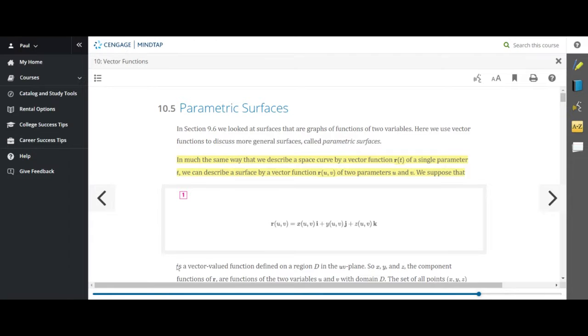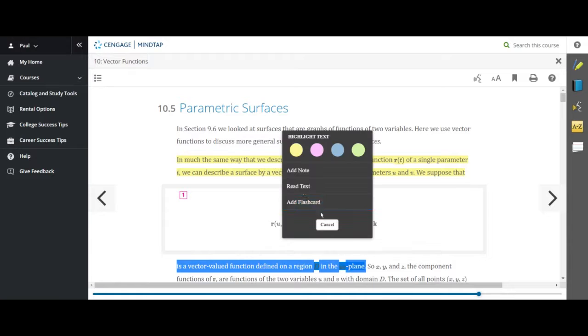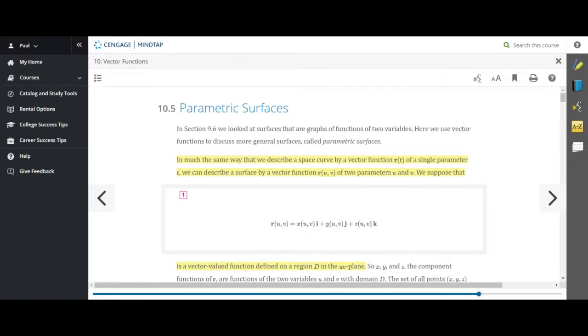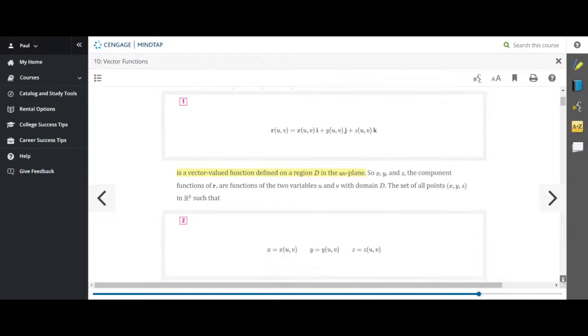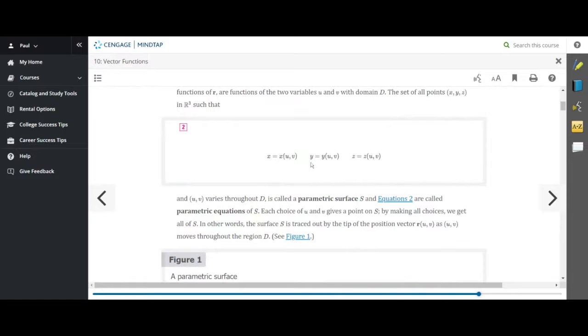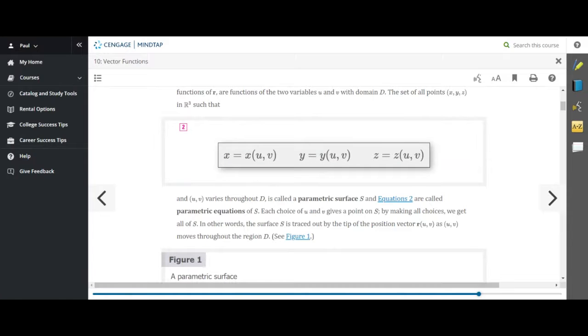In other words, this is a vector valued function defined on a region D in the uv plane. So the x, y, and z component functions are functions of two variables. These are your parametric equations for your surface. In order to describe the surface, you need parametric equations for x, y, and z.